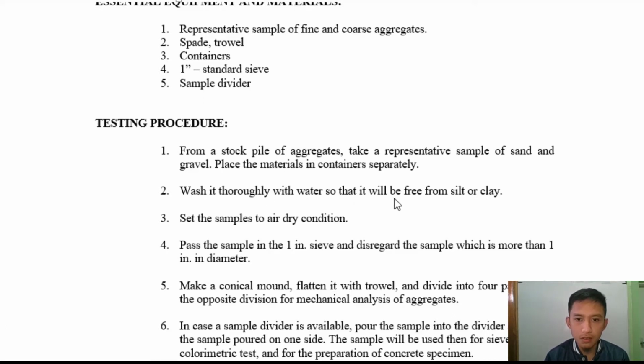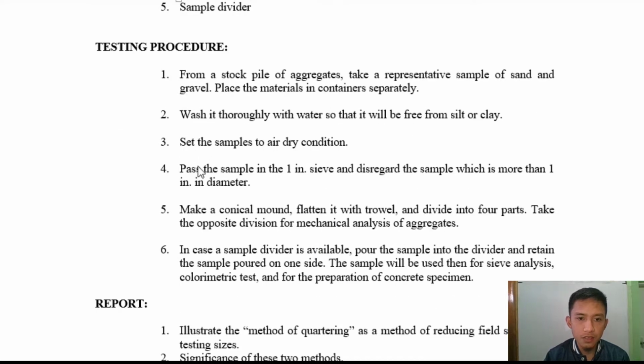So wash it so that it will be free from this, or if that is negligible, then it's okay. Set the sample to air dry condition, which is already the case in the laboratory, since it is already dry.